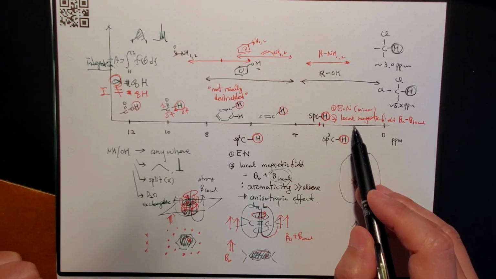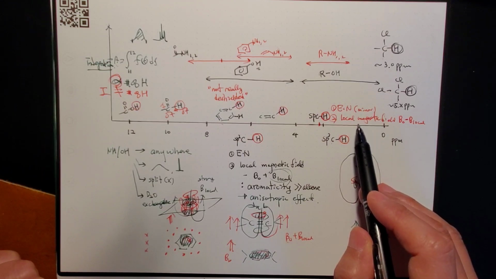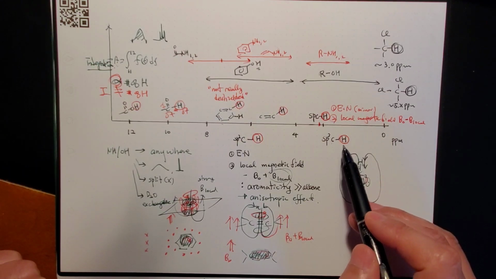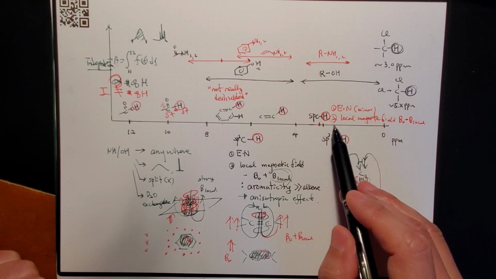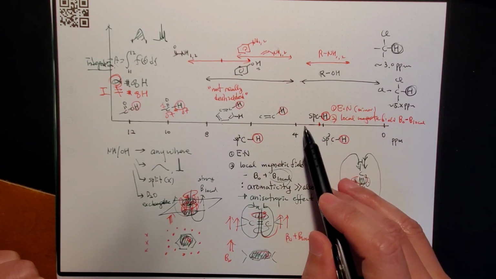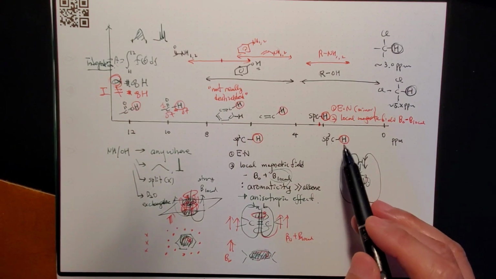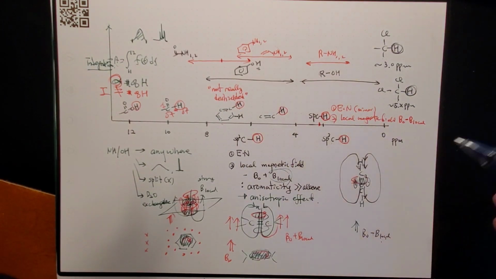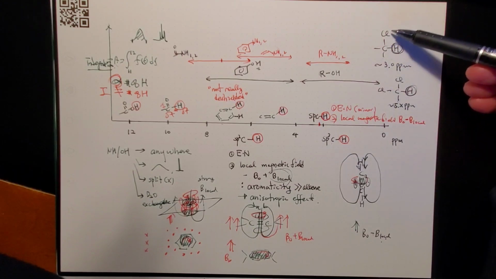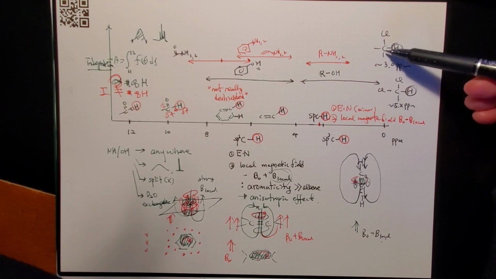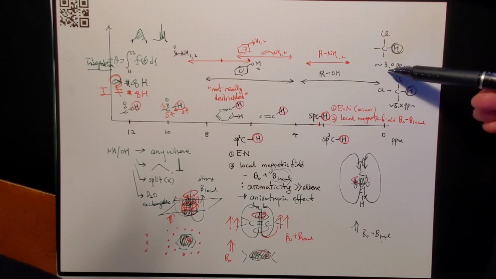But if you start to attach electronegative atoms, the hydrogens start to get de-shielded and move downfield as the hydrogen gets more de-shielded. So as you have a chlorine, a electronegative atom, on the alpha carbon, then you get about 3.0 ppm.